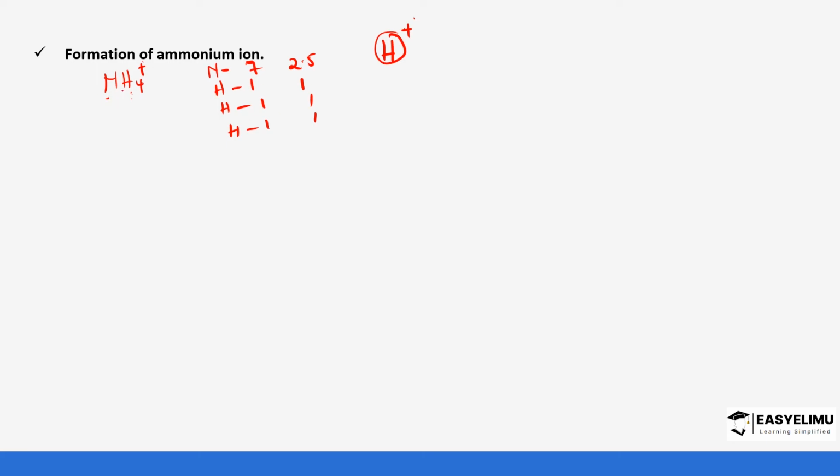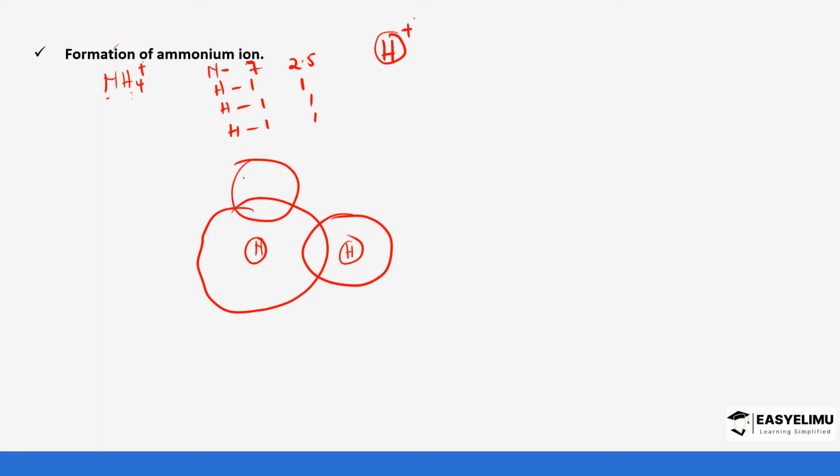Normally, you can see from the types of atoms that we have a nitrogen at the center surrounded by 4 hydrogens. The first thing is to work out what we have. The first hydrogen requires 1 electron, so it should be willing to share 1 electron, and it's left with none once it shares.